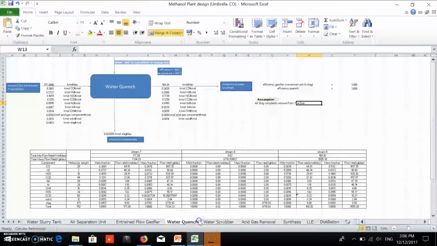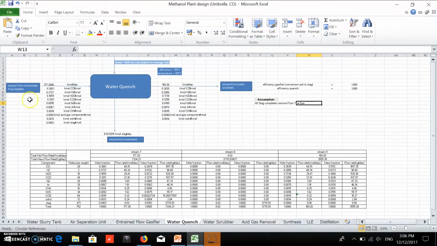Next, the water quench. Stream 7, coming from the entrained flow gasifier, is the feed to the water quench, which separates the slag in stream 8. The other outlet, the syngas without slag, is stream 9, which flows to the water scrubber.